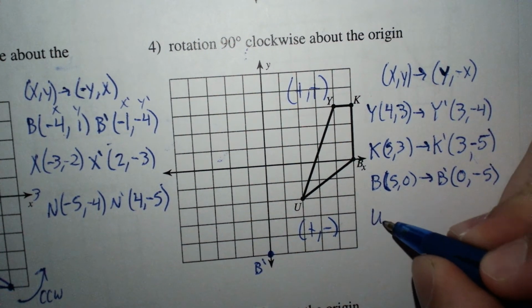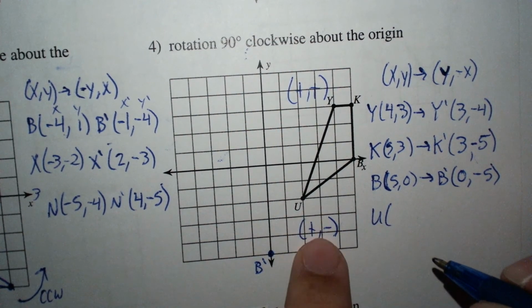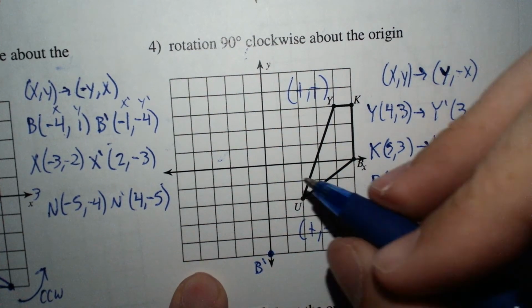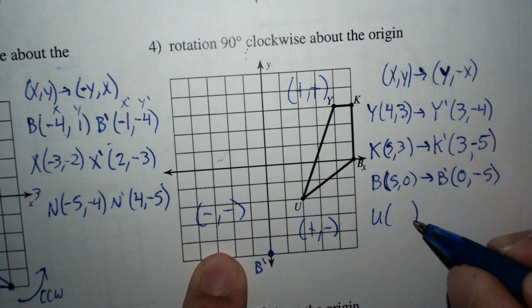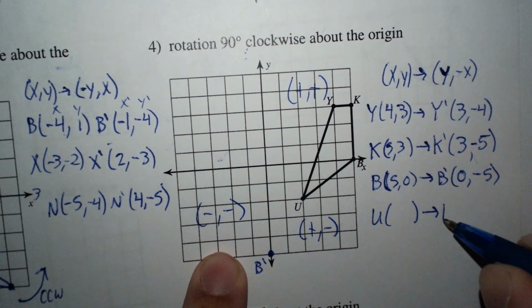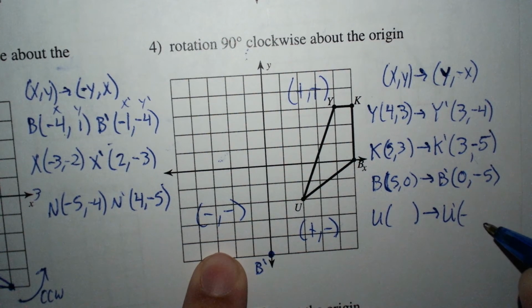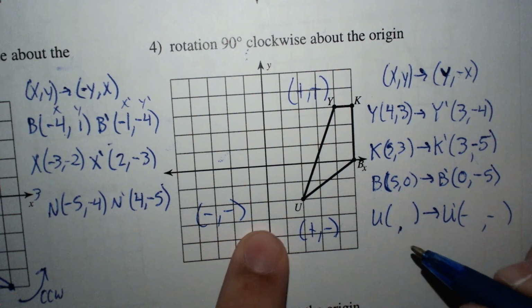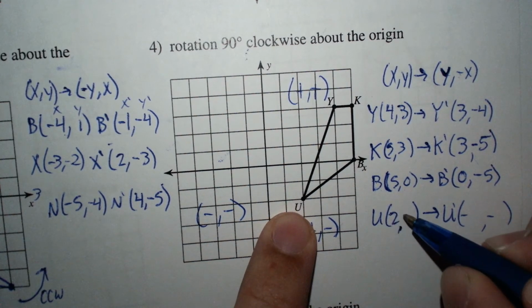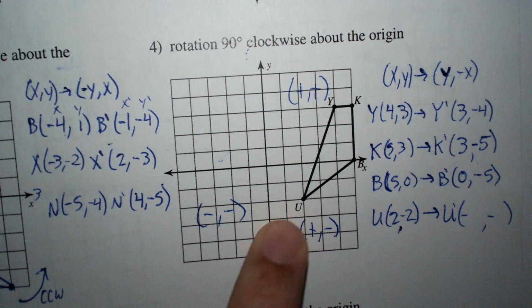And the last one, U starts off positive, negative. So 90 degrees is going to put it in quadrant 3. So U prime, I know immediately, is going to be negative, negative. That's the only way it can be in quadrant 3. So U was 2, negative 2.